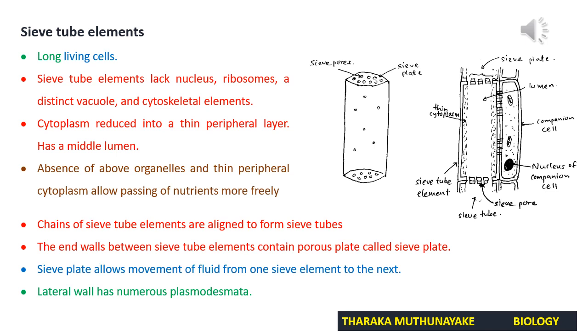These sieve tube elements lack nucleus, ribosomes, a distinct vacuole and cytoskeletal elements. But it has cytoplasm. But remember here, it says cytoplasm is reduced into a thin peripheral layer and has a middle lumen. Look at the diagram. You can observe thin cytoplasm at the periphery of the cell is labeled there. It is important to form a middle lumen.